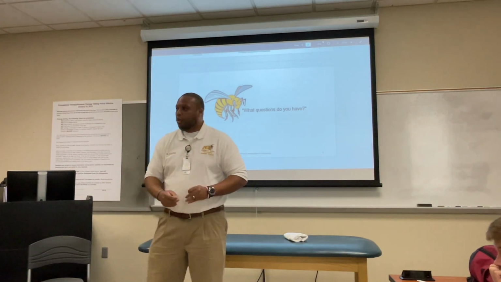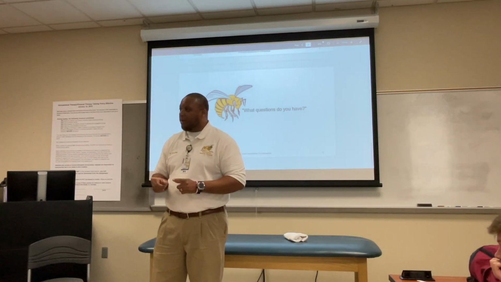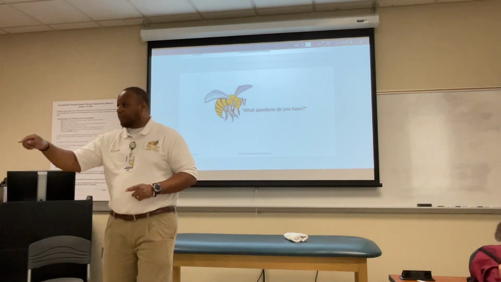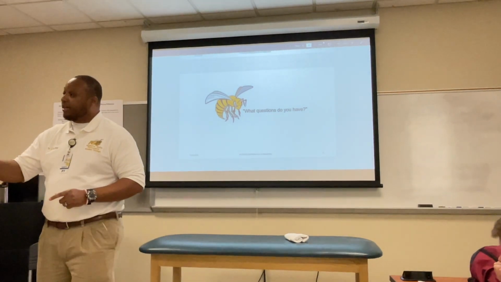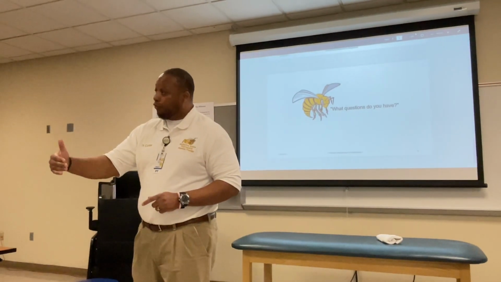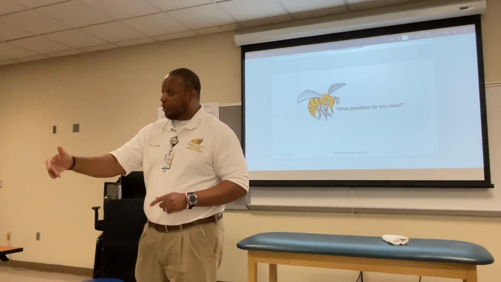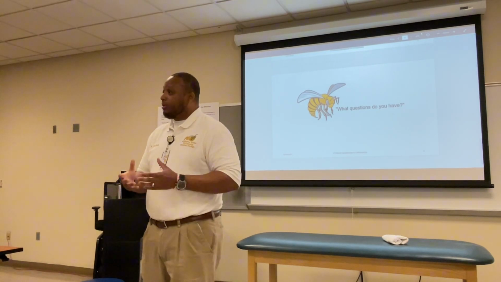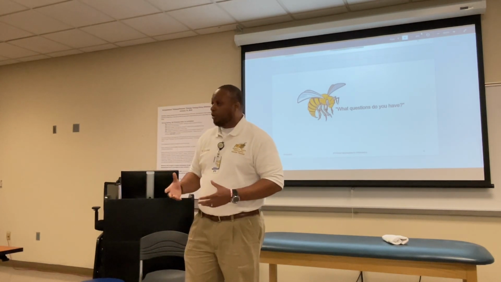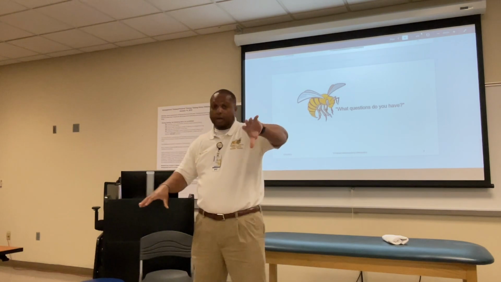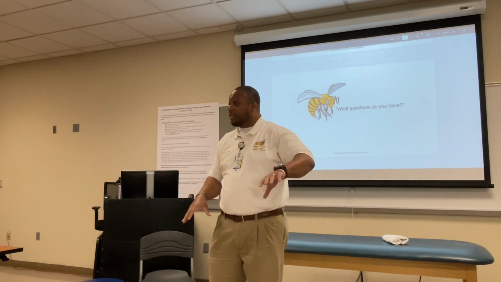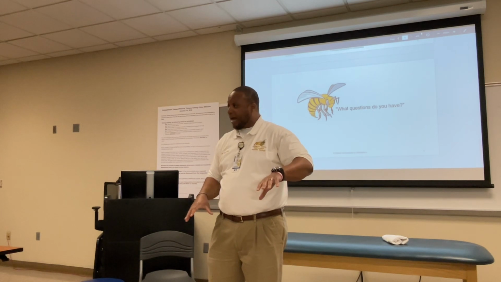All right. So intra-rater reliability, you as the therapist consistently get the same measurement over and over and over. Okay, you as the therapist. Now when we talk about inter-rater reliability, you along with other therapists get a consistent measurement over joint range of motion. That's inter-rater reliability.